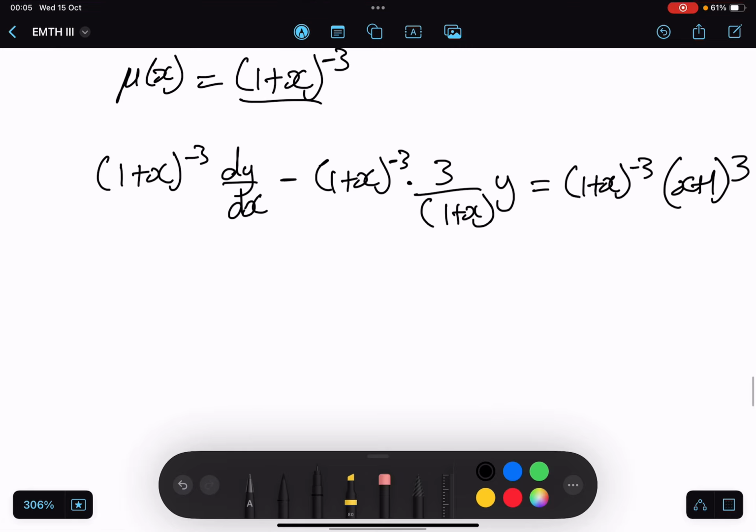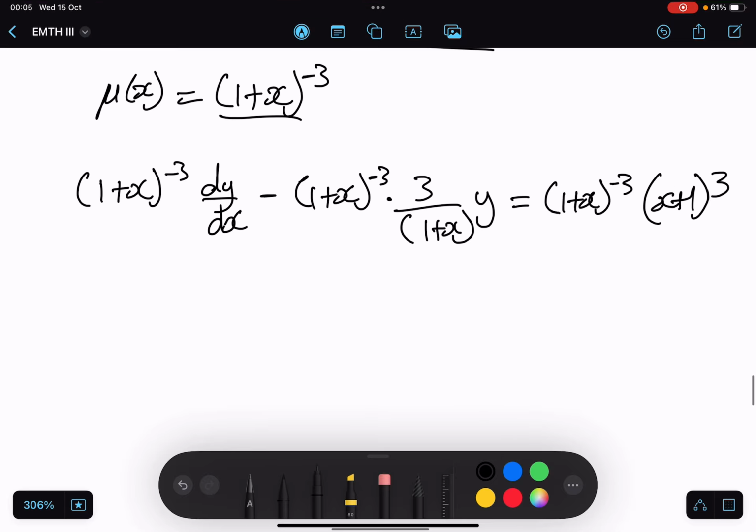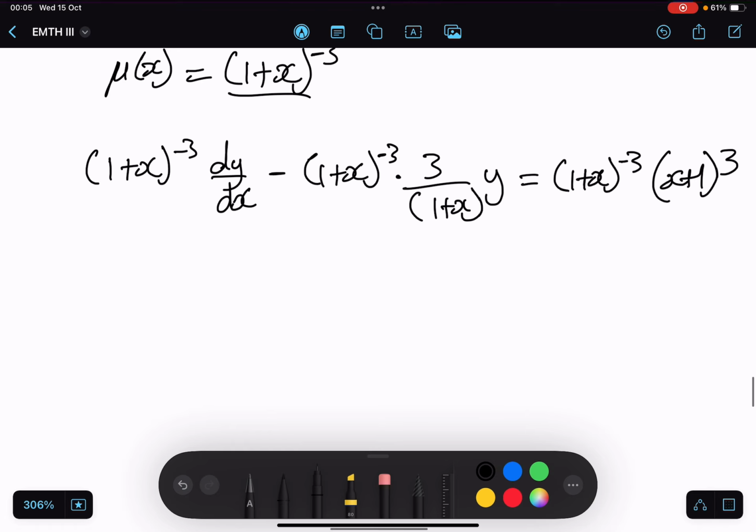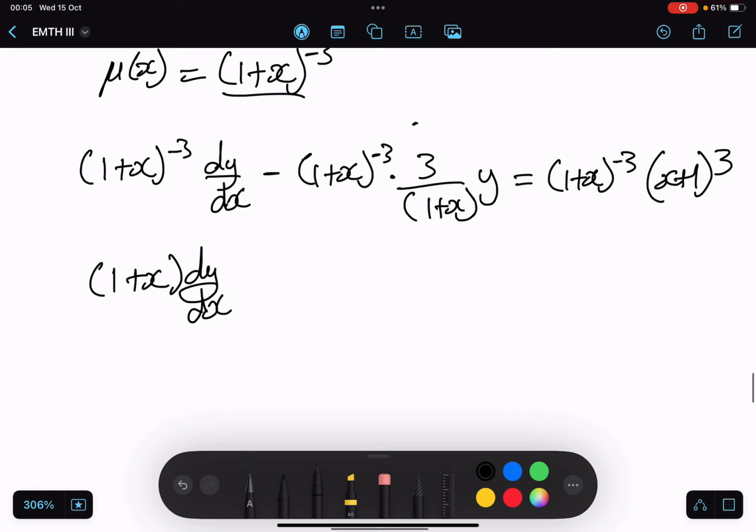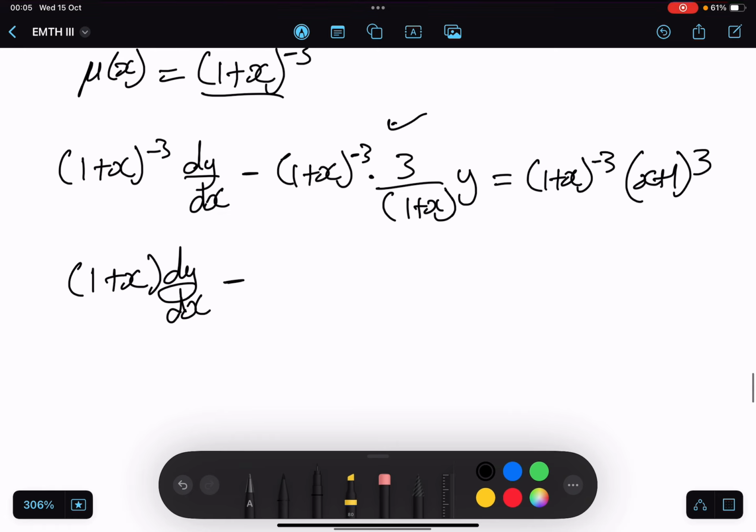If we simplify this, we get (1 plus x) dy/dx. If you simplify this term, we are going to have minus 3. If we bring this denominator to the numerator, it's going to be 1 plus x minus 1.